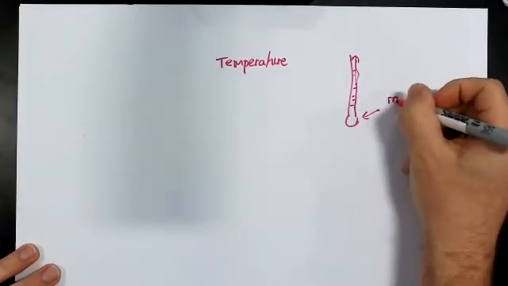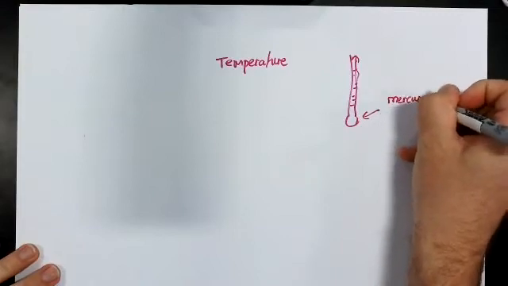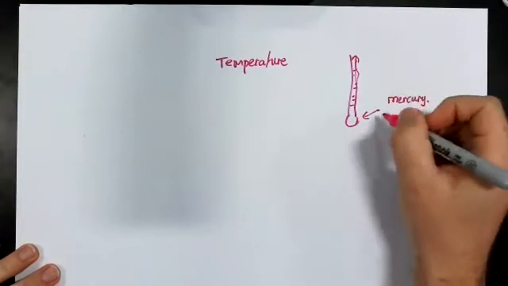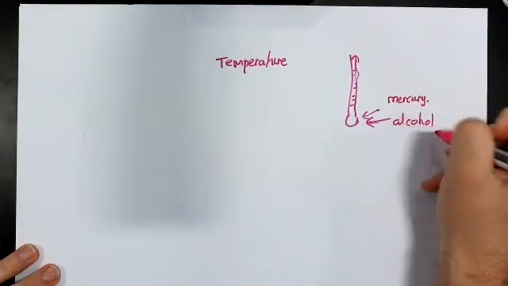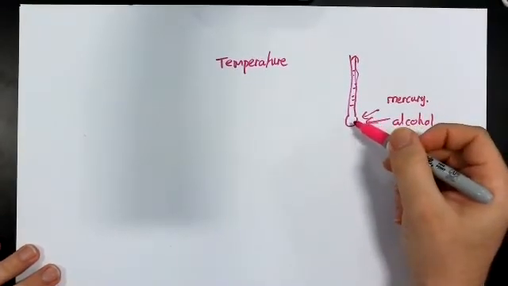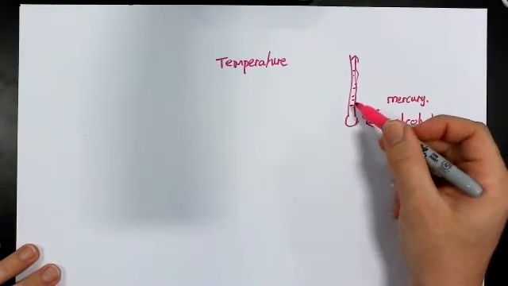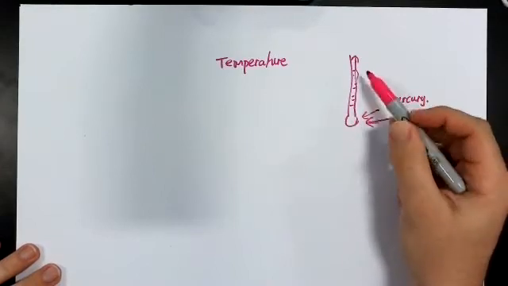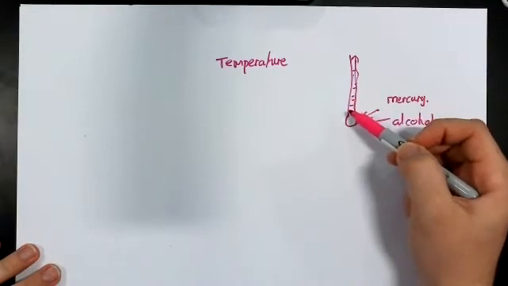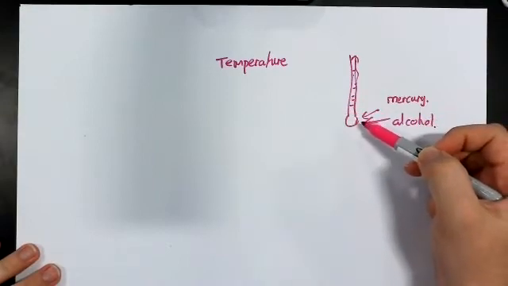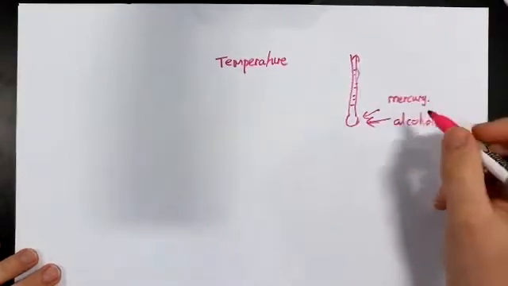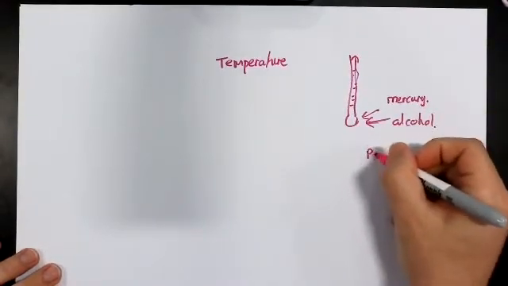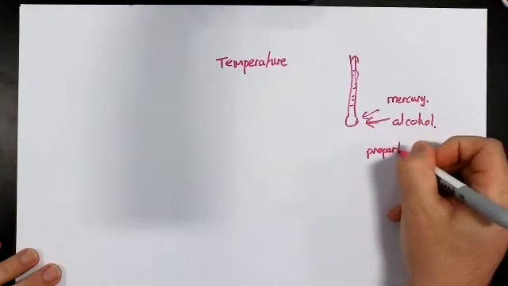Now, we used mercury, obviously not anymore because it's toxic, but sometimes we use an alcohol. And it's the property that this liquid expands when heated that we're measuring and using as an indicator for what the temperature is. So we're just using a property, and that property used in this case is the expansion.